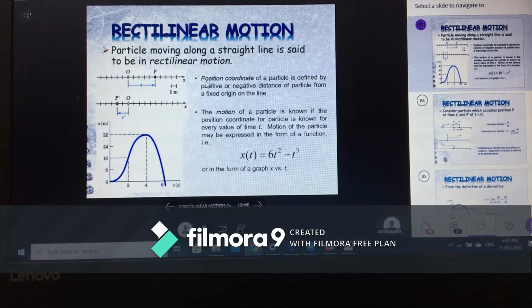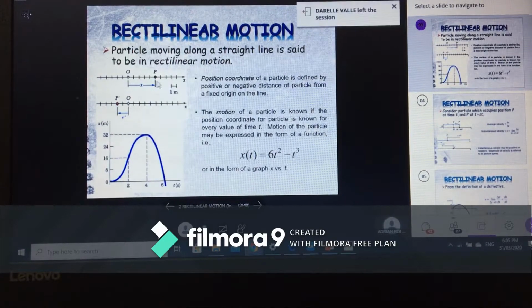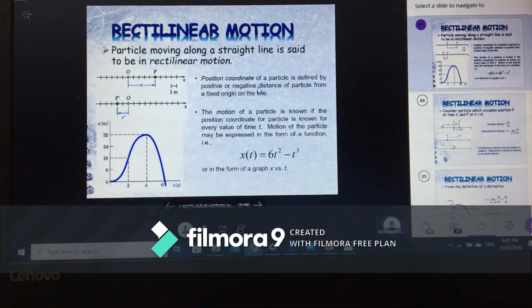So, we have here what we call position coordinate. Ito yung tinatawag natin position coordinate. The position coordinate of a particle is defined by the positive or negative distance of the particle from a fixed origin on the line. So, you can see here from this line, we call it origin.